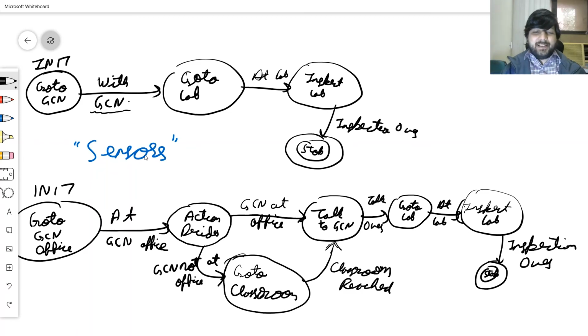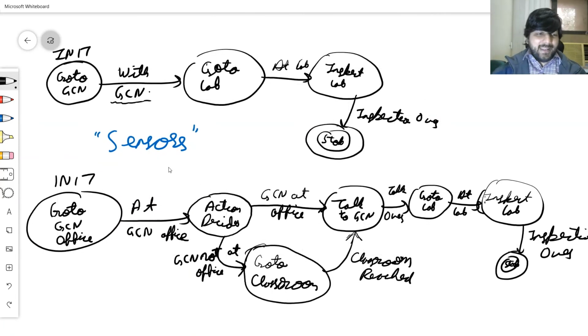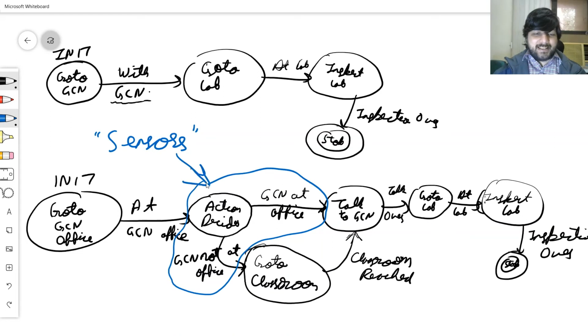Now, the only thing interesting is that there was one controller, a very primitive behavior, which is all the way up over here, and that's the one that invokes the sensor. So I could go this route or I could go this route. Which route do I go? It is entirely dependent on what the sensor says.